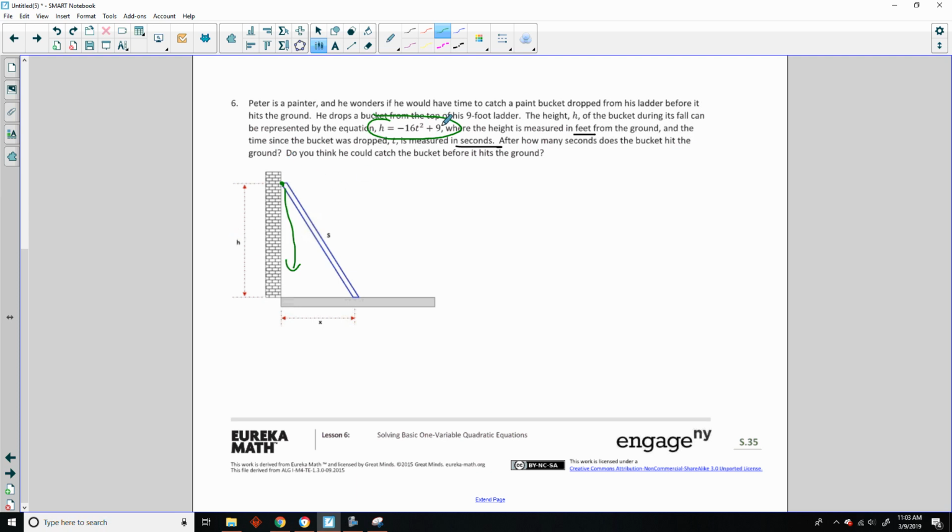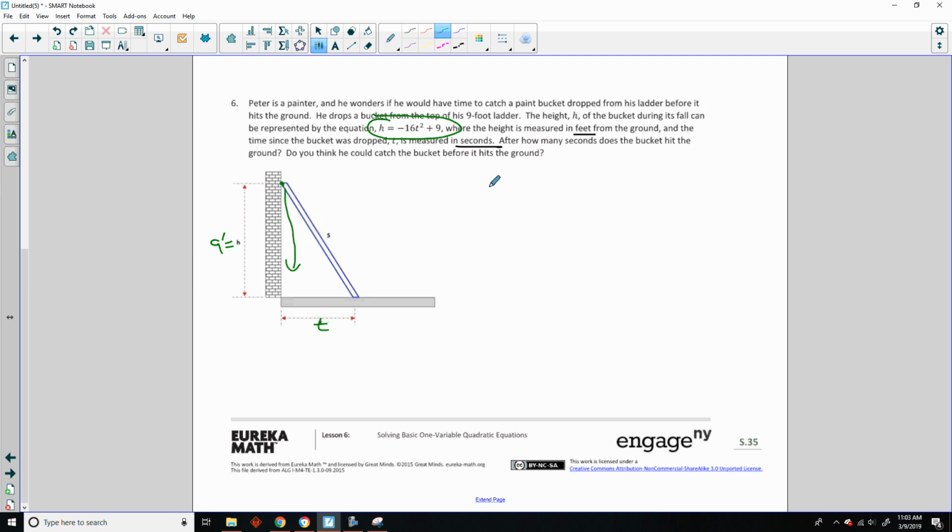Okay, so the height is our initial starting point, our constant. So h equals 9. So this is 9 feet. So x is time. So this isn't really the right diagram for this, but it's time. How long does it take the bucket to fall from here to here? Okay, anyhow, that diagram really doesn't work so well, but it gives you a picture as to what's happening.